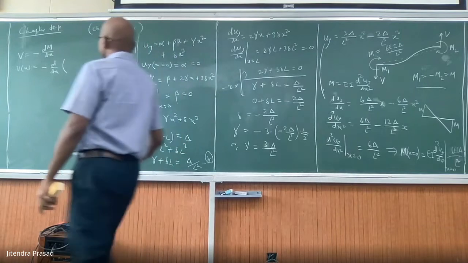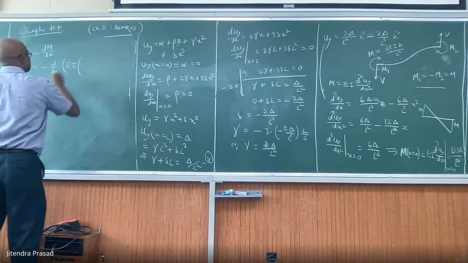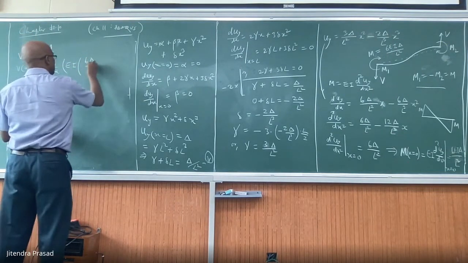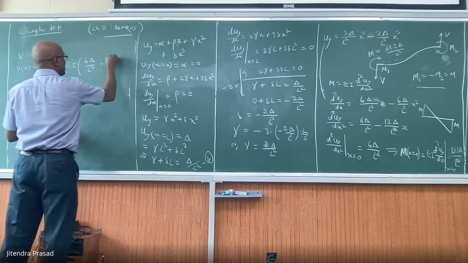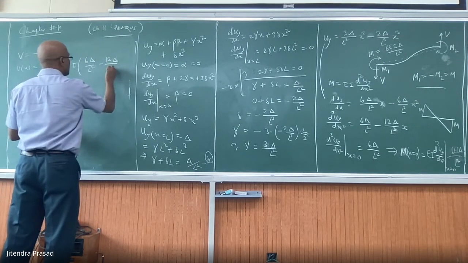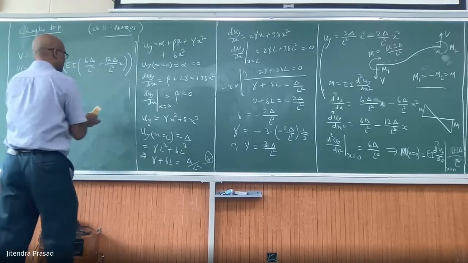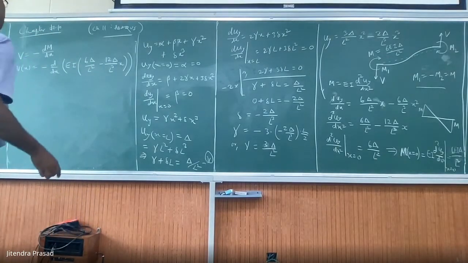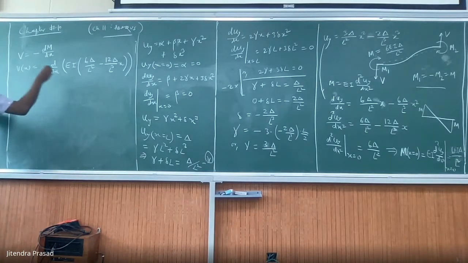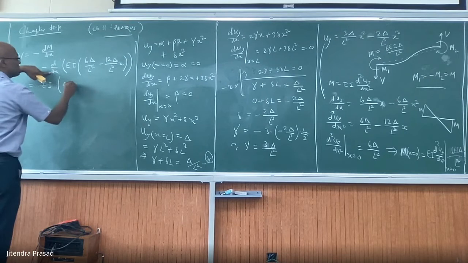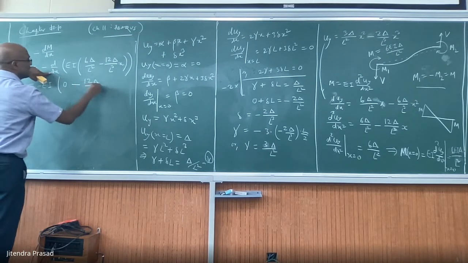So we get V equal to EI multiplied by 6 delta over L square minus 12 delta over L cube. Okay, and hence we find V is equal to minus EI, which is outside, and we get 0 and minus 12 delta over L cube.